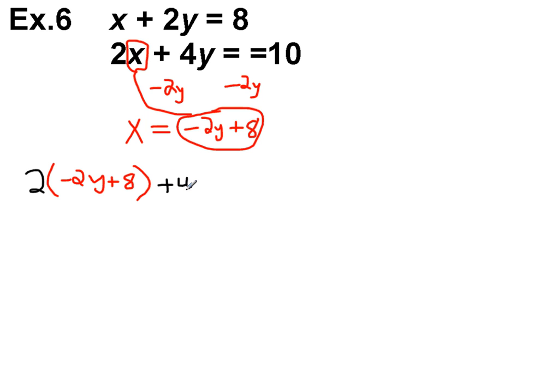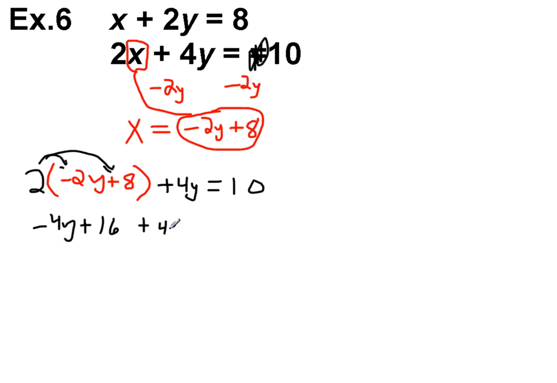Plus 4y equals 10. Oh, I don't know why I have 2 equal signs there. It really just should be 1. Okay, let's distribute. So that's going to be negative 4y plus 16. And I still have plus 4y.